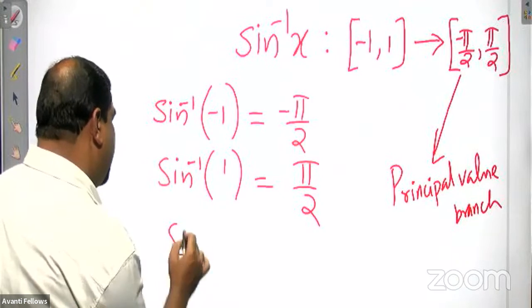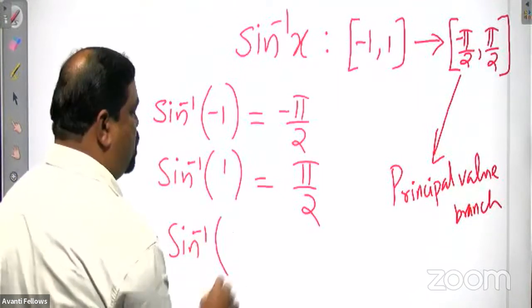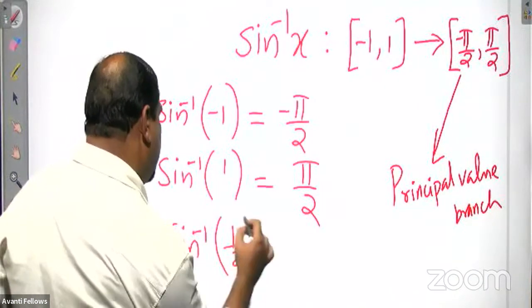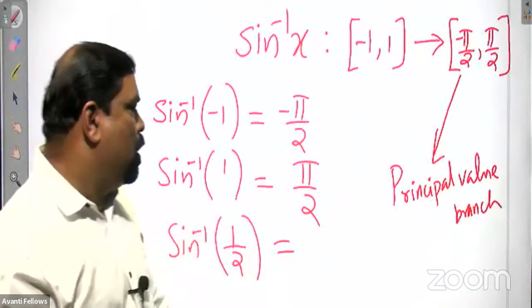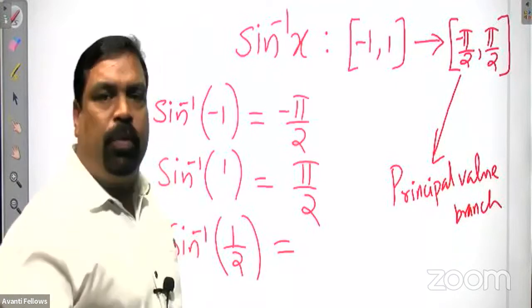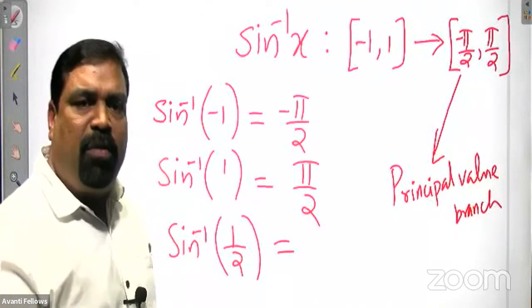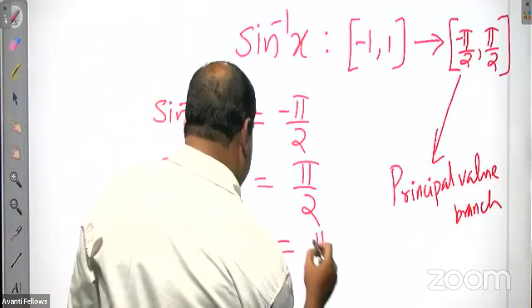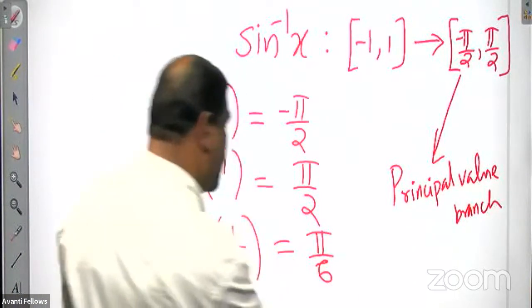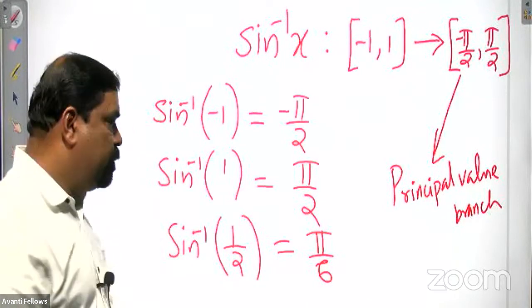And what is the value of sine inverse 1 by 2? Sine inverse 1 by 2 means we have to think when sine x equals 1 by 2. We know sine pi by 6 is 1 by 2. So sine inverse 1 by 2 is equal to pi by 6.